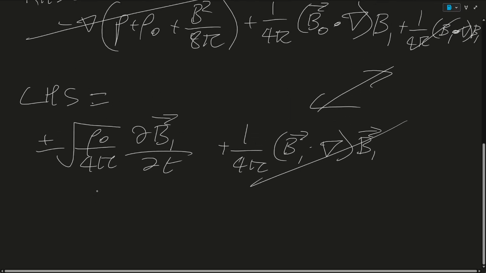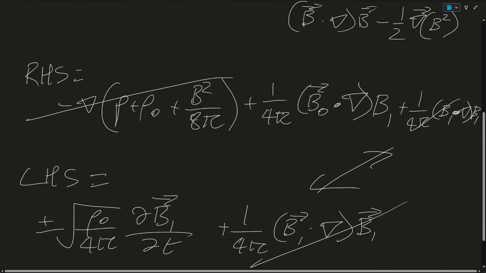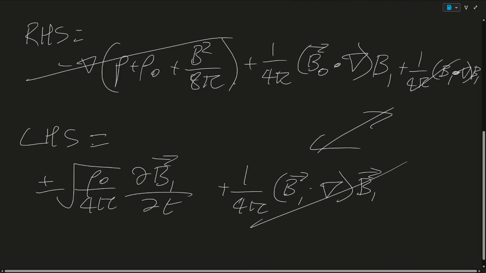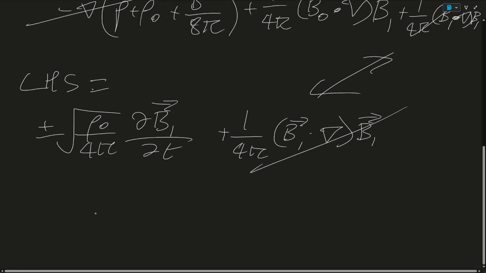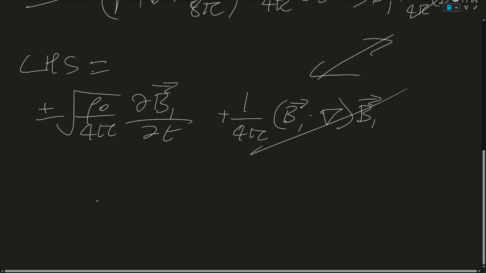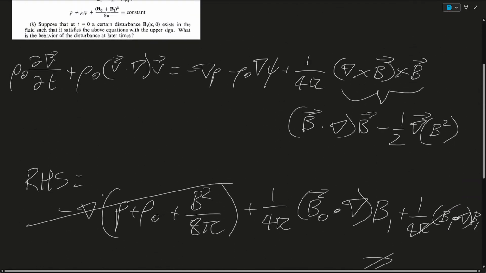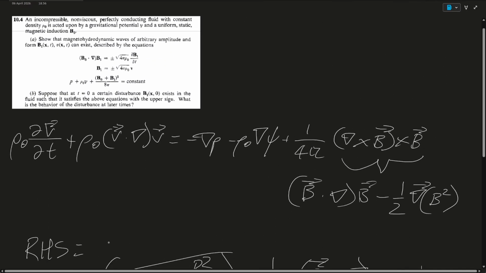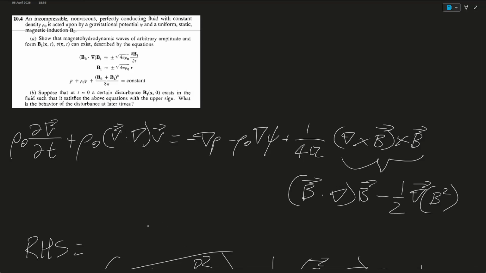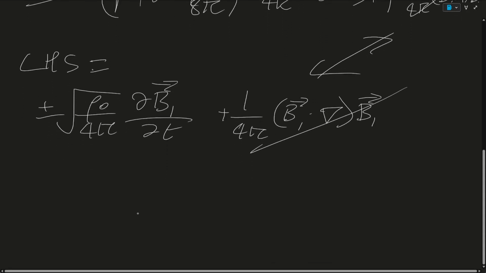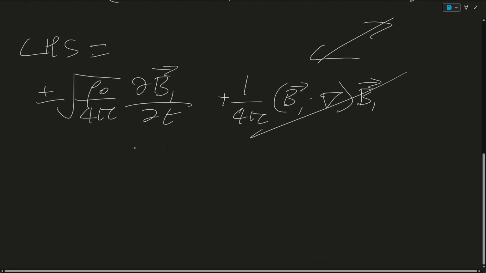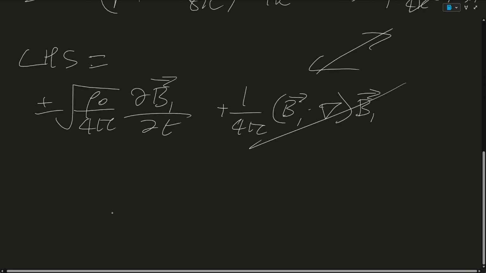Also, I forgot something. Oh, we can do things with the 1 over 4 pi and bring that to the other side and put that under the bracket, I think. Because otherwise we won't end up with the right thing. Let me see. Yeah, no, that checks out.